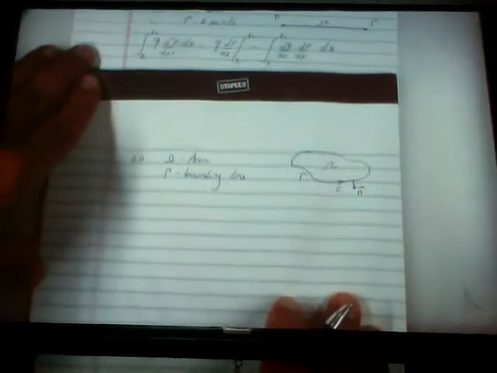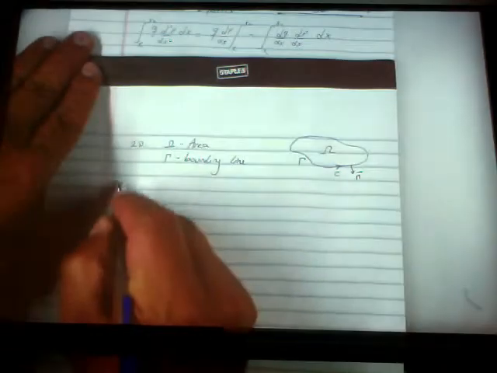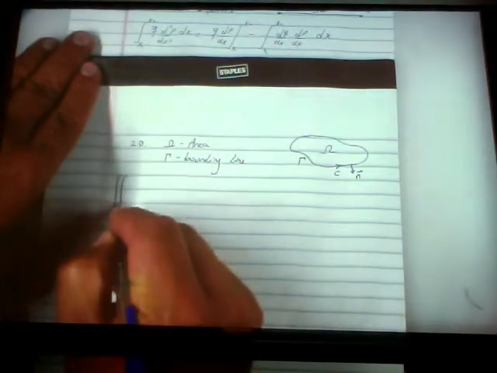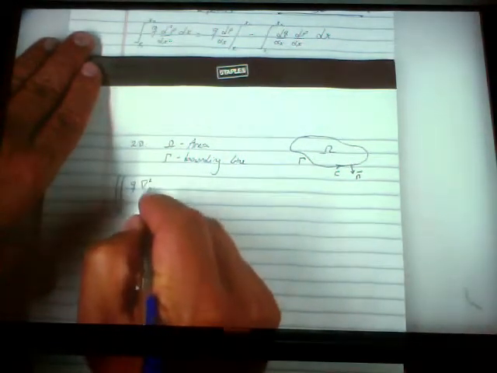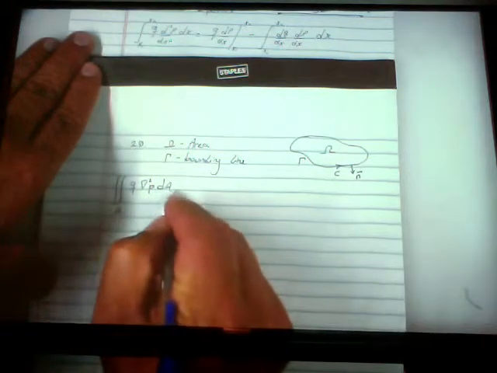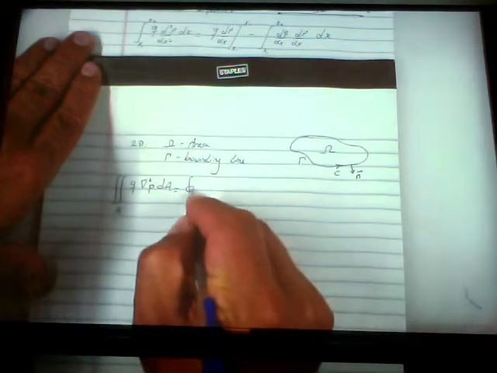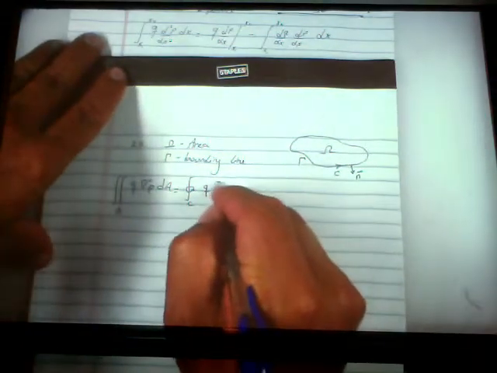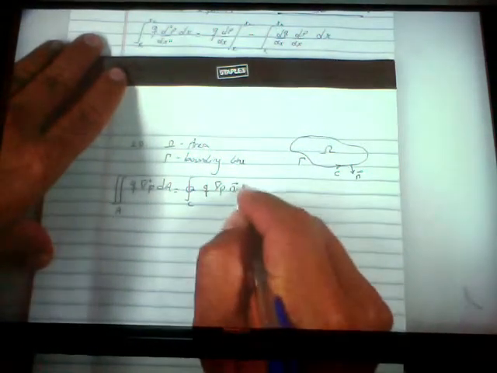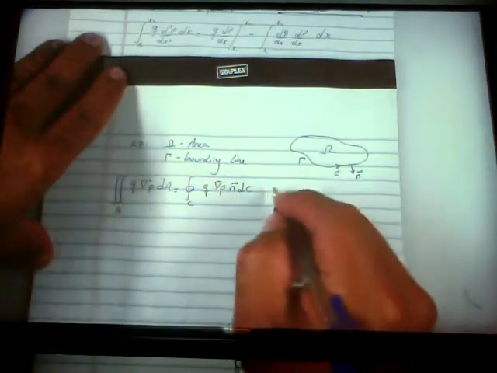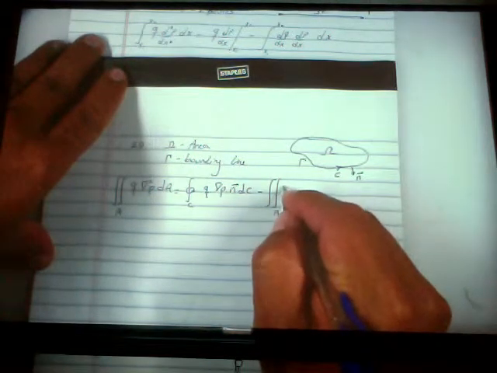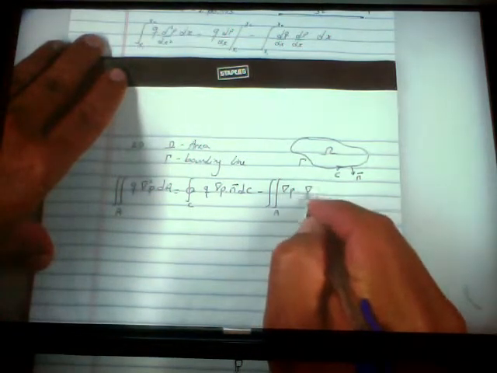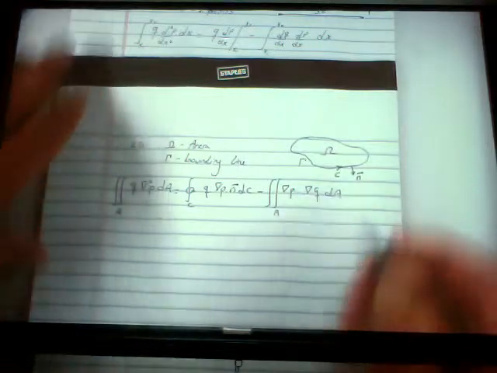So Green's first identity expressed in 2D would simply be an area integral of q Laplace of p, d area, is equal to a line integral of q grad p dot n d gamma, minus an area integral of grad p dot grad q, d area.